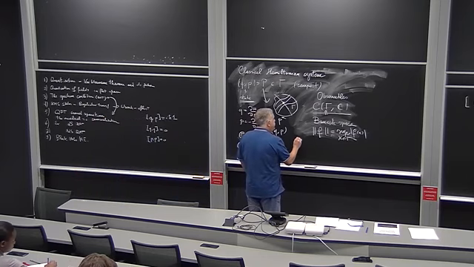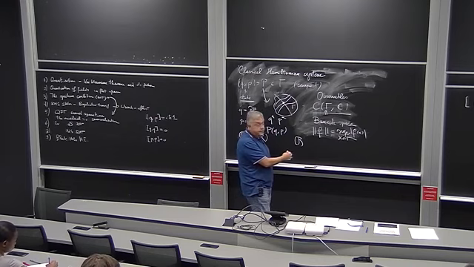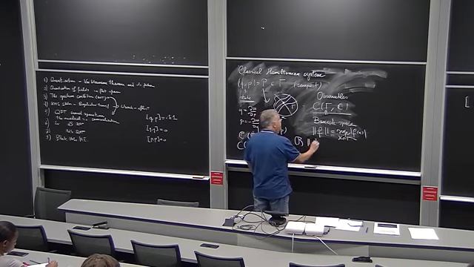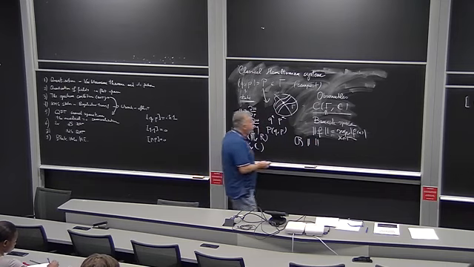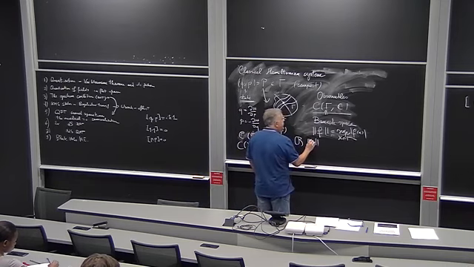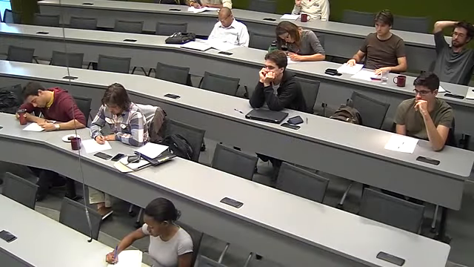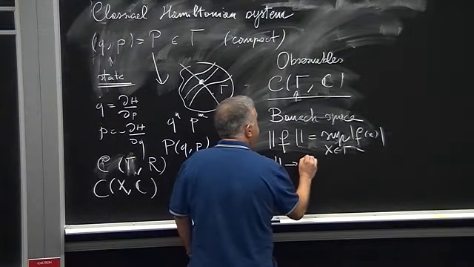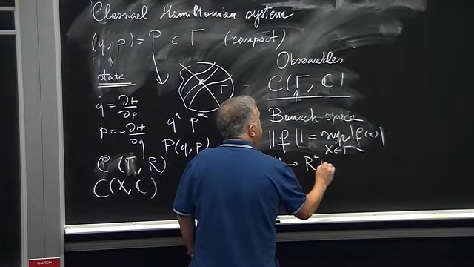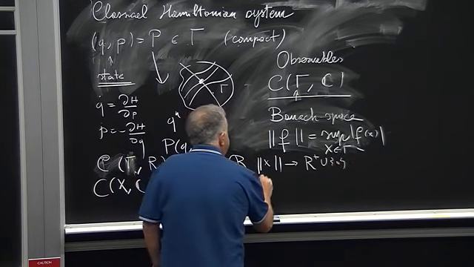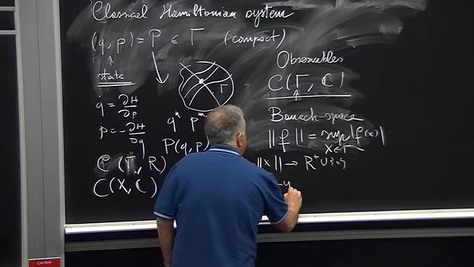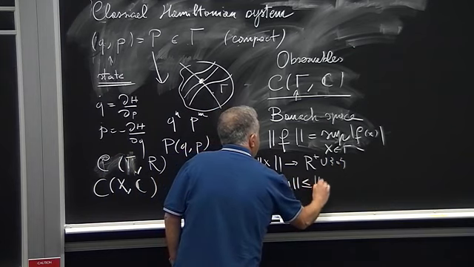A Banach space is a linear space, so a vector space, in which you have the notion of a norm. A norm is a function defined on the space with values which are positive or zero, satisfying the triangular inequality.